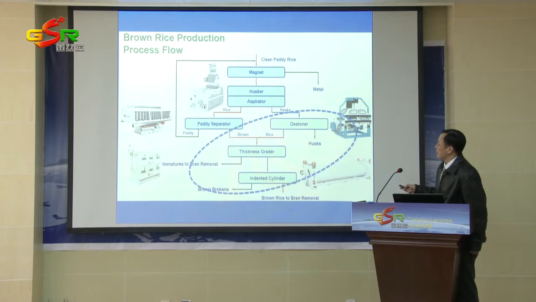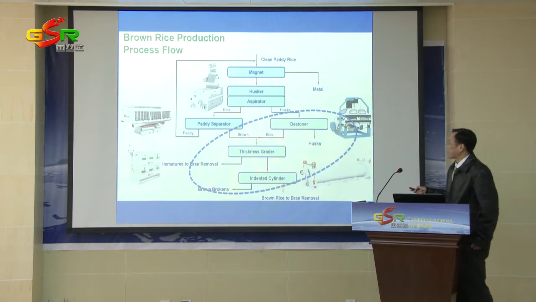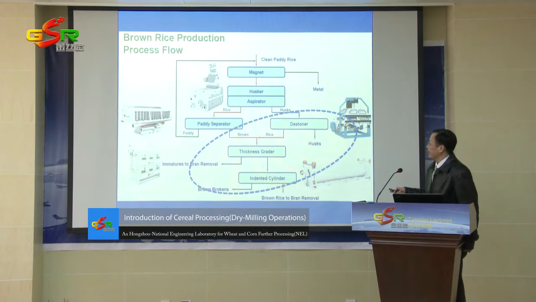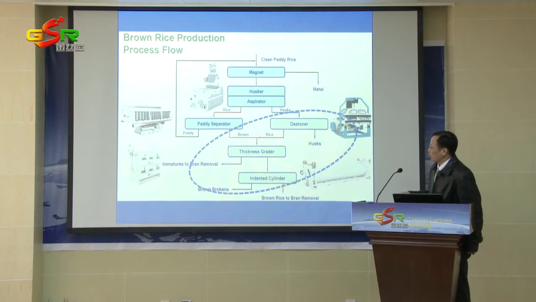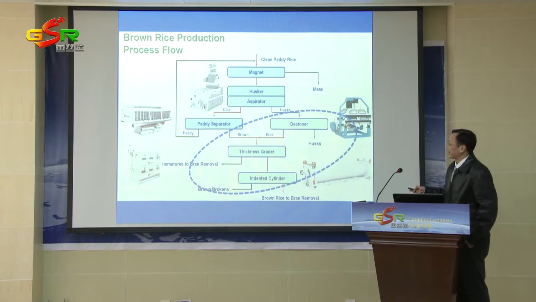Then the cleaned brown rice can be fed to the thickness grader to separate the different grains. Brown rice in mortar and bran can be removed by the thickness grader.